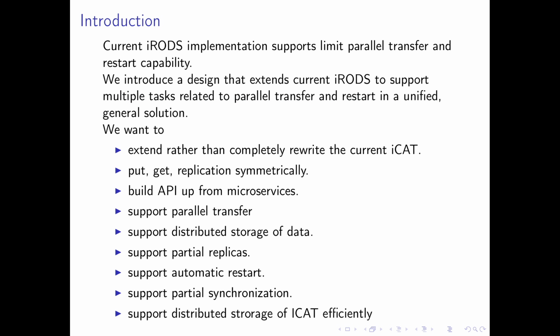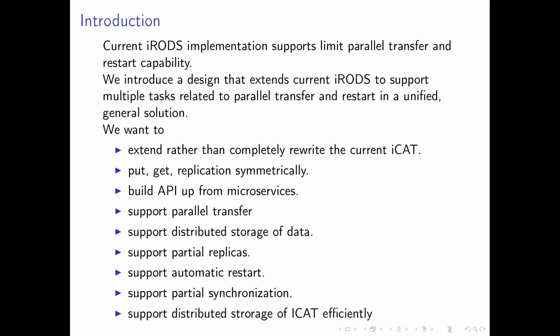Here are some of the things we're thinking about when designing this new mechanism. First of all, we don't want to redo the whole thing. We want to build on top of the existing iCAT design, which works pretty well for a lot of people. We just want to add the features that people want without taking away existing features.